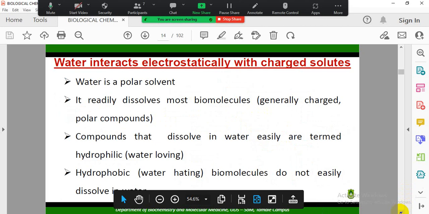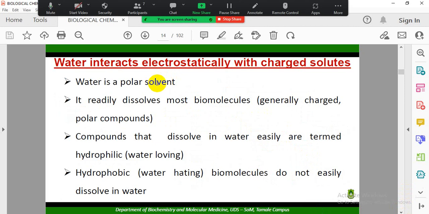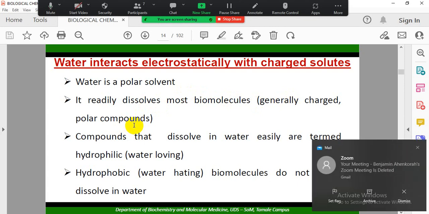Water interacts electrostatically with charged solutes. So water is a polar solvent. Polar means that the water molecule is charged. It readily dissolves most biomolecules, generally charged and polar compounds. So water dissolves charged, polar compounds, or compounds that have charge.